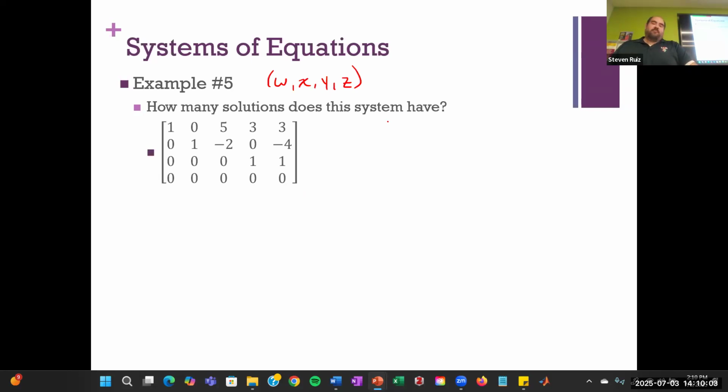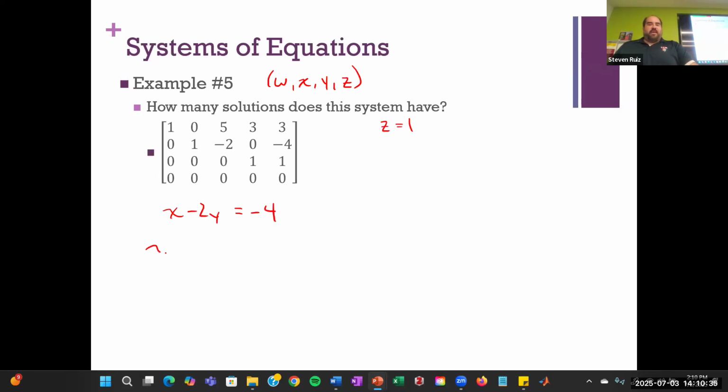Something equals 1. z equals 1. Which means what else? So we know z equals 1. What does this next equation up say? x minus 2y equals -4.